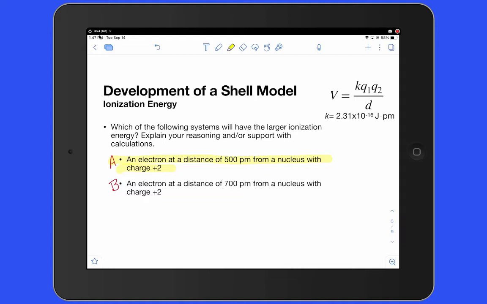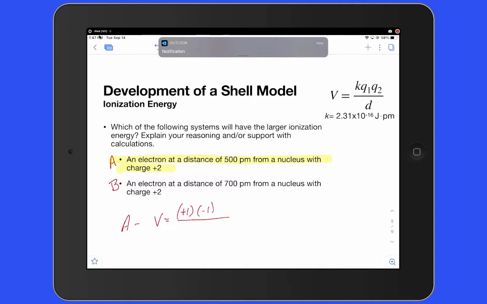Now between A and B, the only thing that's changing then is the distance. Because you have an electron attracted to a +2 in both instances. In a sense, your numerator is the same for both of them. You have, for A, V equals, remember we said we're going to use +1 for K, -1 is the electron, +2 for the nucleus, and then for the distance down here, I got 500.